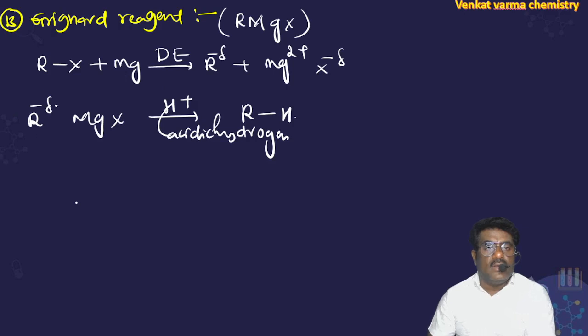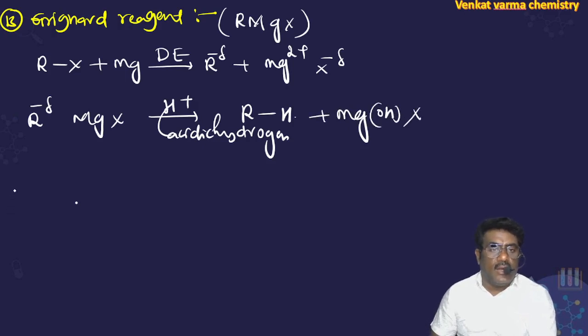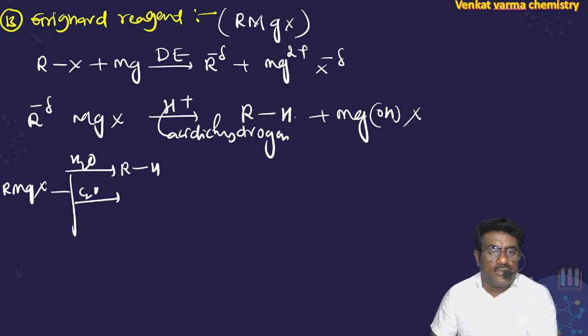In the presence of a carbanion, R minus, with acidic hydrogen, it gives alkane with MgOH. One example: alkyl magnesium halide RMgX with water, H2O, which has acidic hydrogen, gives alkane. In the presence of ethanol, C2H5OH, which also has acidic hydrogen, it forms alkane.